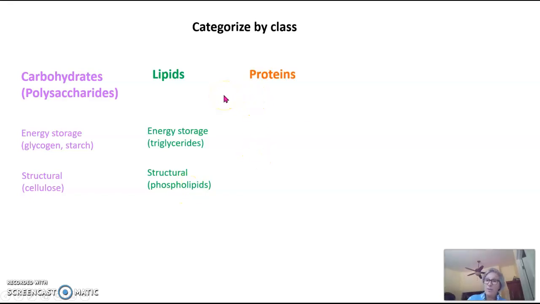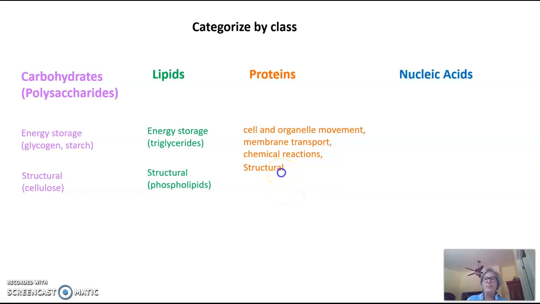Proteins, what's their job? Well, they can do cell and organelle movement, they can form membrane transport channels, they can catalyze chemical reactions. All of these are very active functions, but they can also be structural in that they form the cytoskeleton. Finally, our nucleic acids, and those are for information storage.